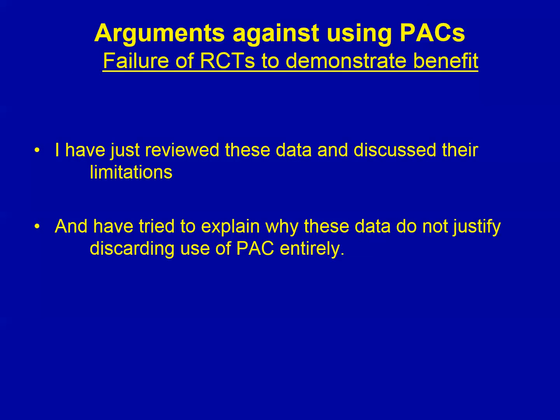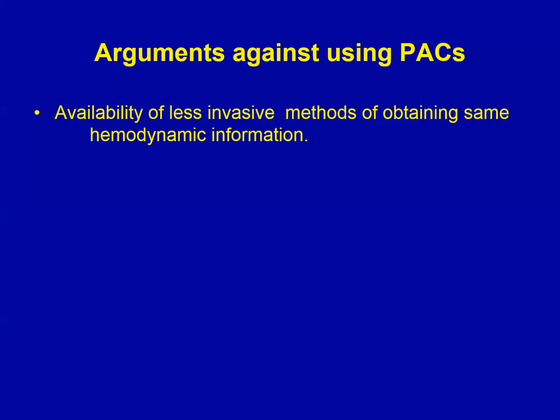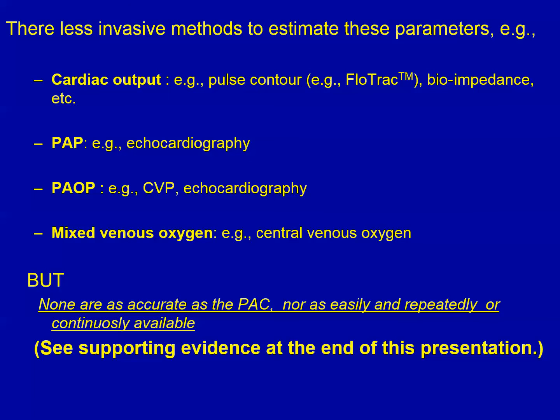The second criticism is that we have failed to demonstrate benefit, but I have just reviewed these data and discussed their limitations and tried to explain why these data do not justify discarding the use of pulmonary artery catheters. Finally, opponents of pulmonary artery catheters indicate the availability of less invasive methods of obtaining the same hemodynamic information.